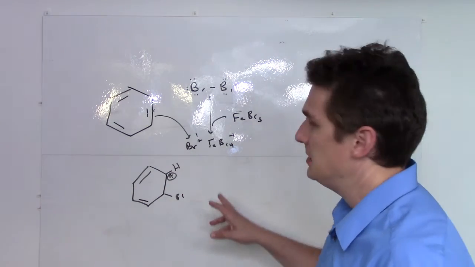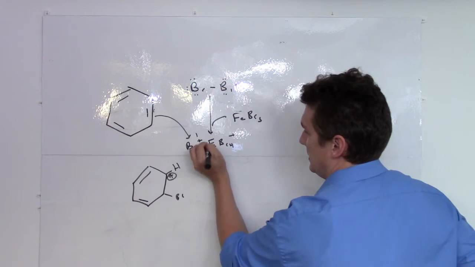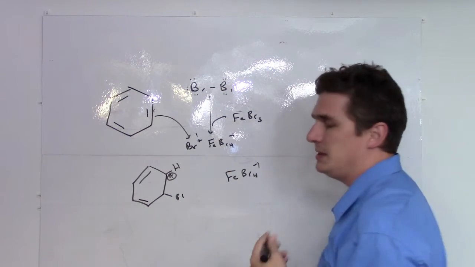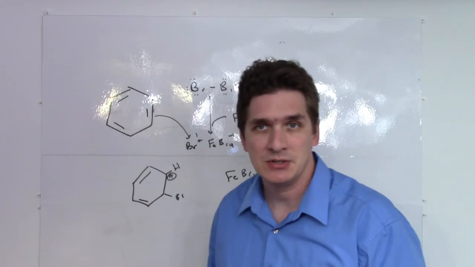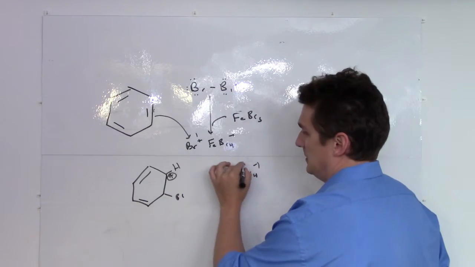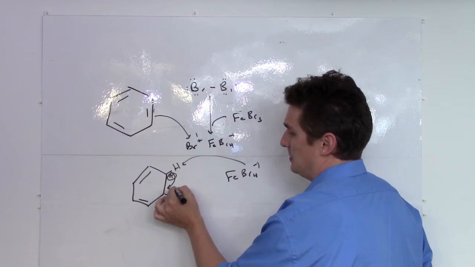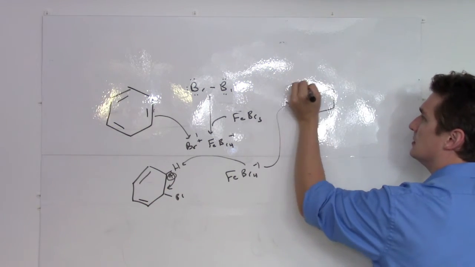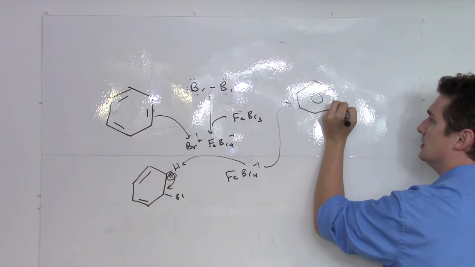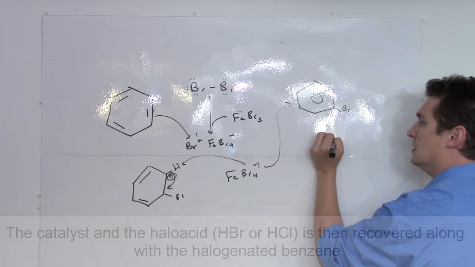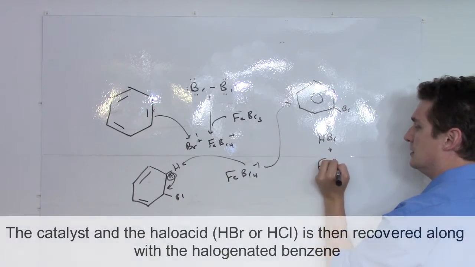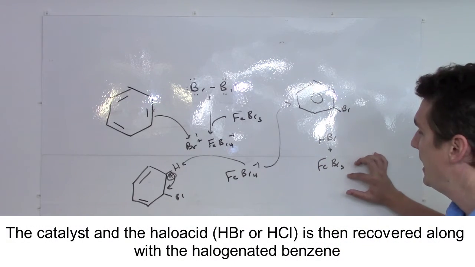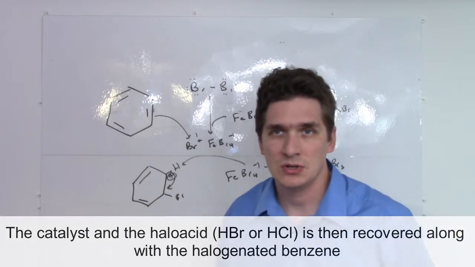This positive here, now that we're left with the FeBr4 minus 1, one of these bromides here is going to abstract a hydrogen off the benzene ring. So it's going to attack, we're going to get the double bond back, and we're going to end up with our brominated benzene ring, HBr, and our FeBr3 catalyst to start with.